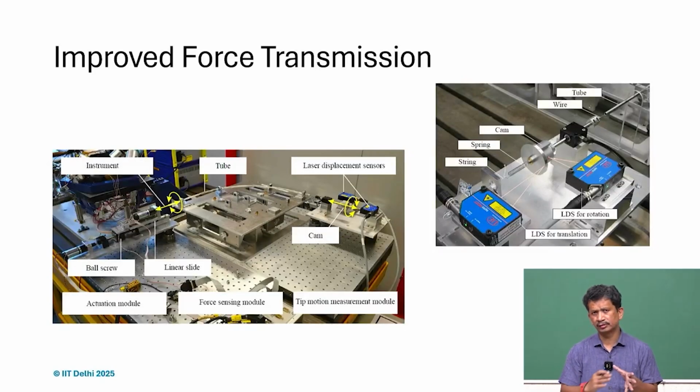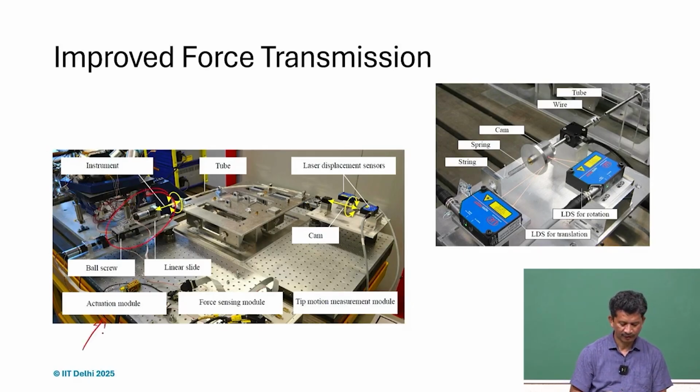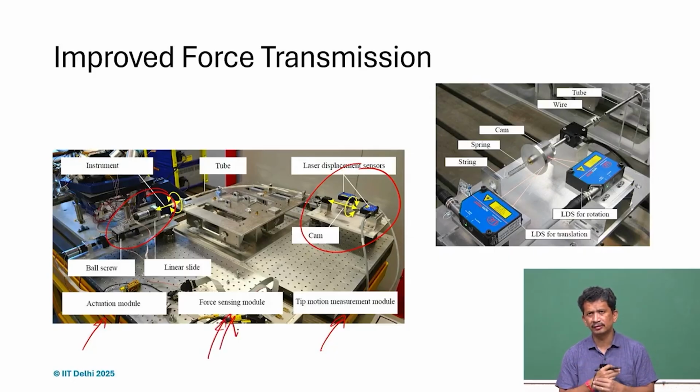And of course we also need to verify different kinds of parameters. So in this project we also tried to develop different modules. So we have the actuation module here, and for the measurement we have a non-contact kind of measurement here, and for force sensing when the instrument is interacting with the surface, with the wall of the channel or the tube, whatever you can say, we want to measure those forces precisely.